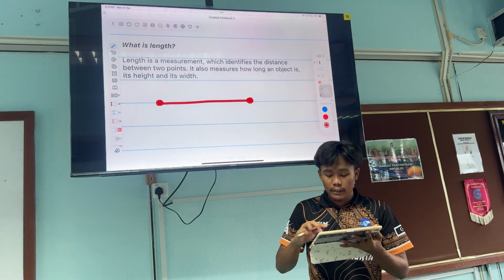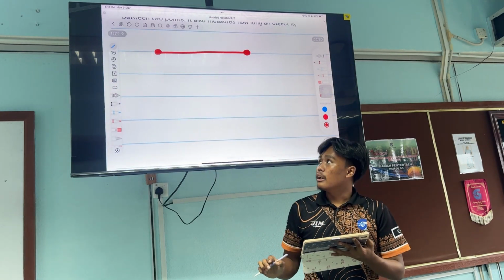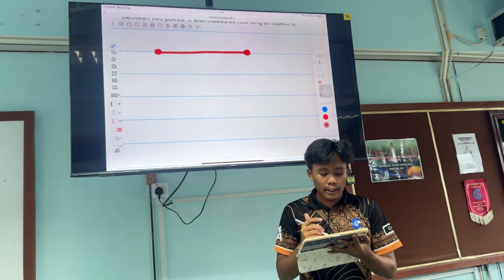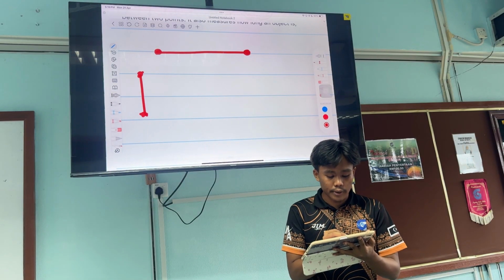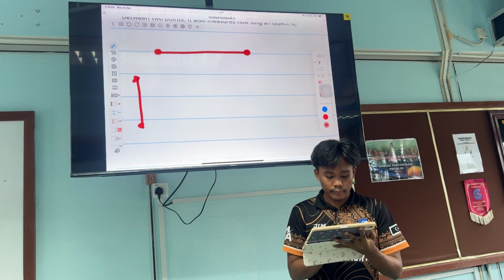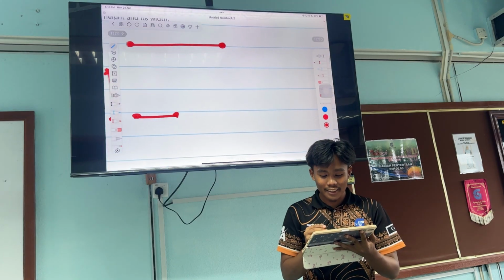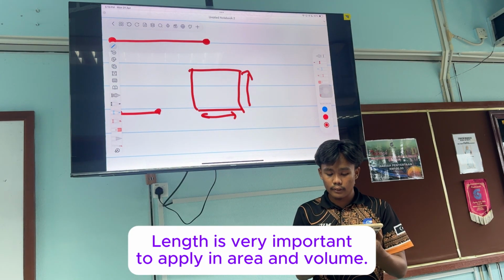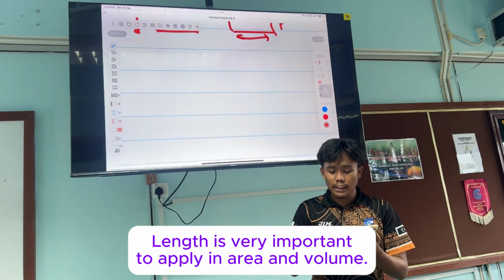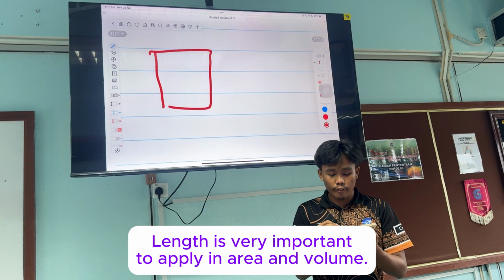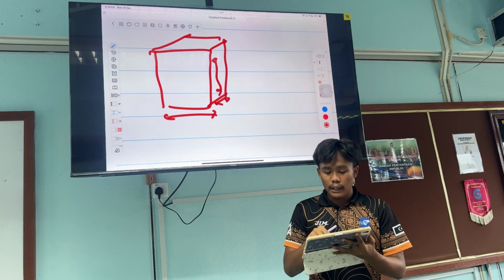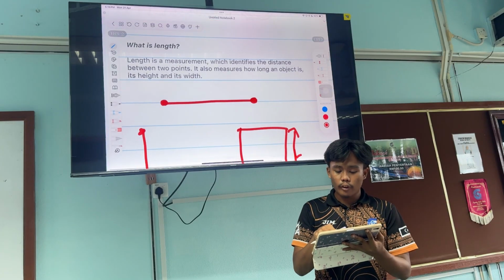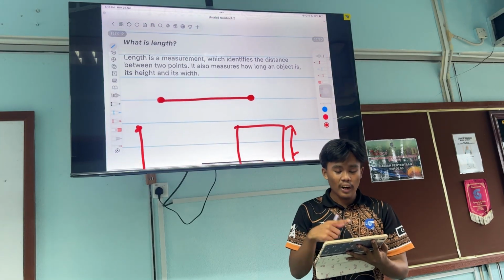And this length is very important in order to identify the height and the width of the object, the area of the object which contains the length and the height, and last but not least, the area of the solids. It contains length, height and width. So it is very important for us to actually know what length means.